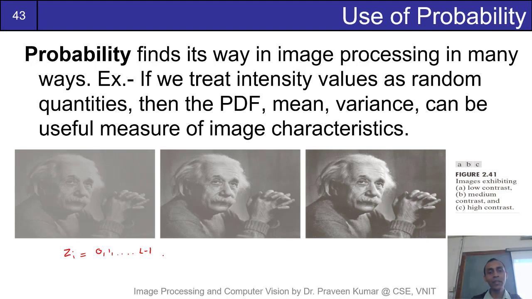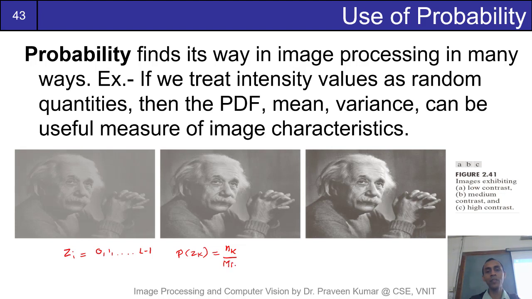You can also estimate the probability of a particular intensity value, let us say Zk, in the image by counting how many pixels in that image have that particular intensity value. If nk pixels in a given image have a particular intensity level Zk, then the probability of that intensity value occurring in the image will be nk divided by the total number of pixels.